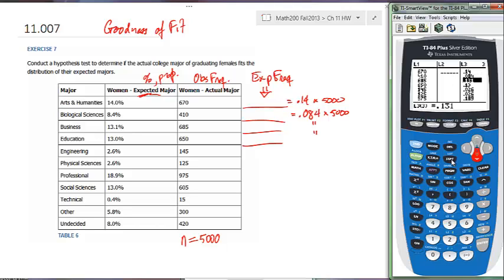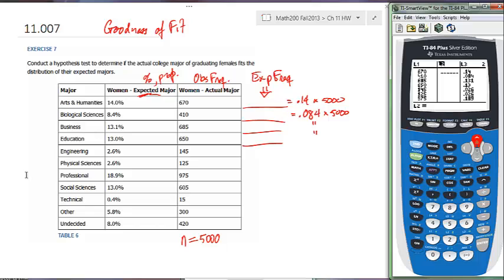So the third one down is 13.1%, 13%. 2.6 is 0.026, and I just want to scroll down here to the technical. 0.04% is equivalent to 0.004 as a decimal, so be careful with small percentages like that. Anyways, I saved my space in L2 because this is where I want my expected frequencies to go.